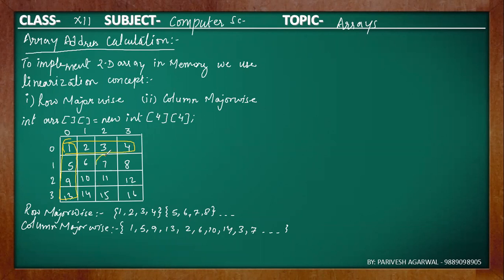If we want to find the location of this 7, where the 7 is going to be stored, and you know the base address, because every memory location has its own address, such as this 1, wherever it is stored, having some address, say 2021. So this is the address of this location.